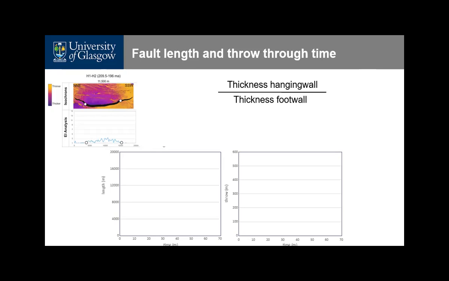So I'm just going to go through time across all of the horizons and show you how the fault grew through time. Between the first and second horizon, it established its length quite quickly to 1.2 kilometers and about 80 meters of throw.